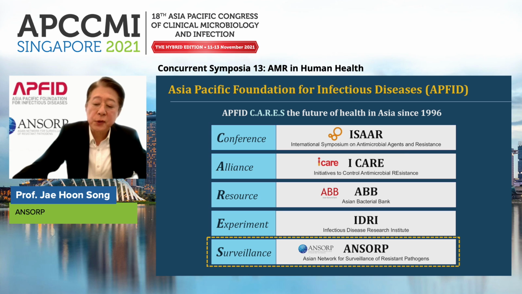ISA is an international symposium every 2 years. iCare is an international campaign program to increase the awareness of AMR in the region. Asian Bacterial Bank is to collect major bacterial isolates from Asian countries for research. IDRI is doing the basic research about AMR. And finally, ANSORP is doing the international surveillance of AMR in Asian countries.